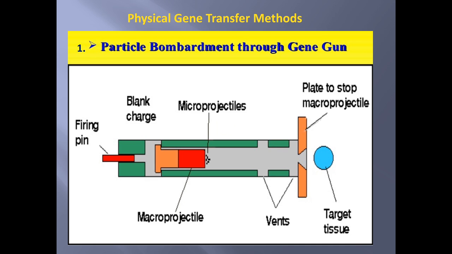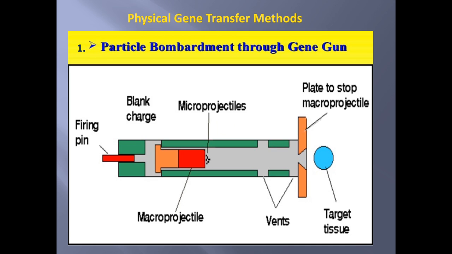This method was developed by Professor Stanford and his co-workers at Cornell University, USA in the year 1987. As the name itself indicates, biogun, gene gun or bioblaster, this particle gun shoots the desired DNA or foreign DNA into plant cells or tissues at a very high speed.